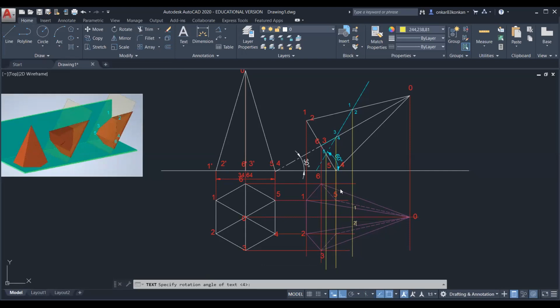So this is point 3 and this is point 4. So these are intersection points. And 5 and 6, these two intersection points, are on the base edges, one on 6-5 and the second on 3-4. So this is point 5 and this is point 6 on the edge 3-4.